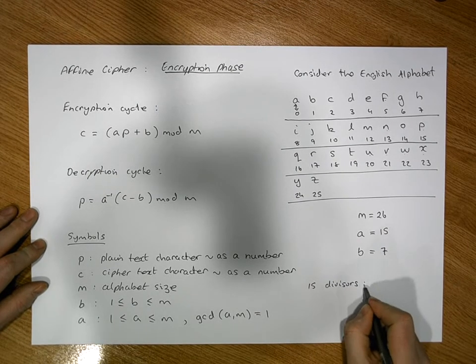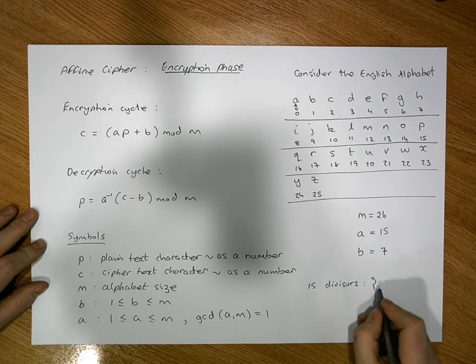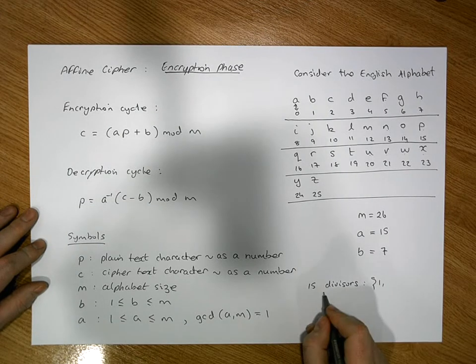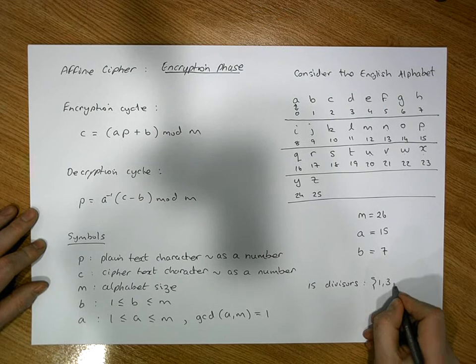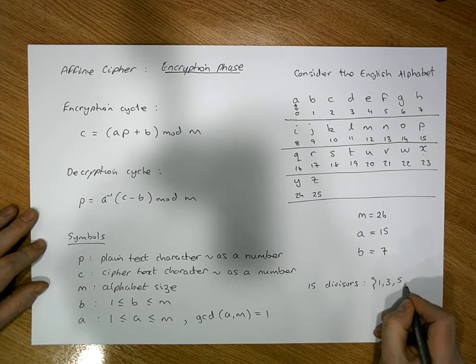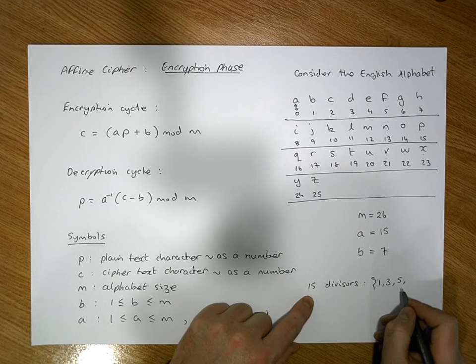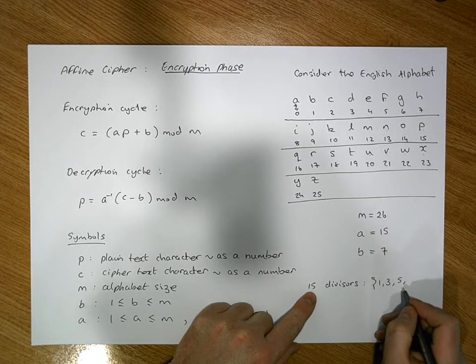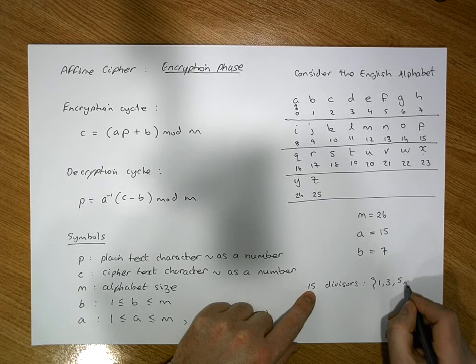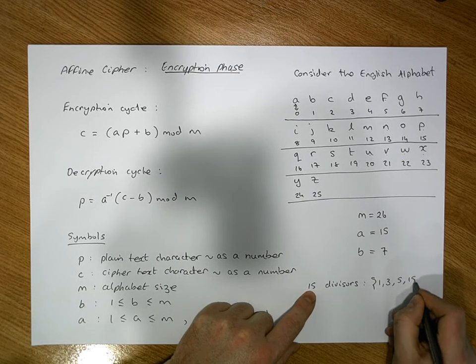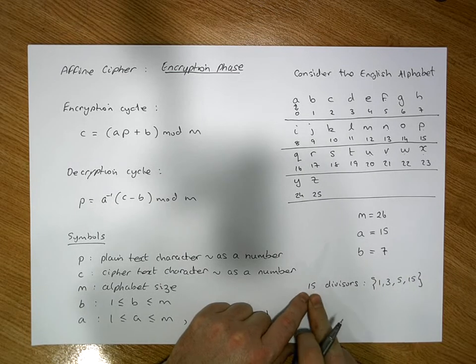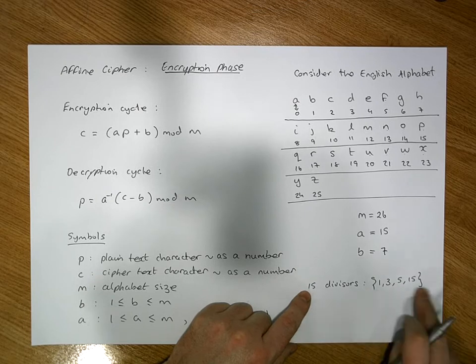Considering 15, its divisors: 1. 2 doesn't divide into 15. 3 does. 4 doesn't. 5 does. 6, 7, 8, 9 don't, and so on. 10, 11, 12 do not. 15 does. So the divisors of 15 are these numbers here.